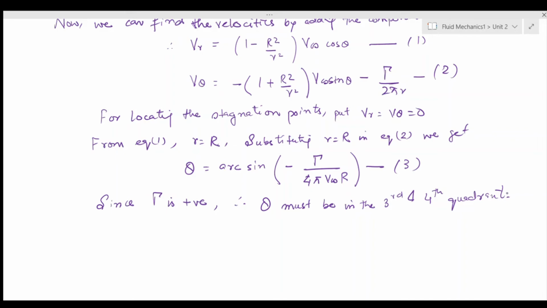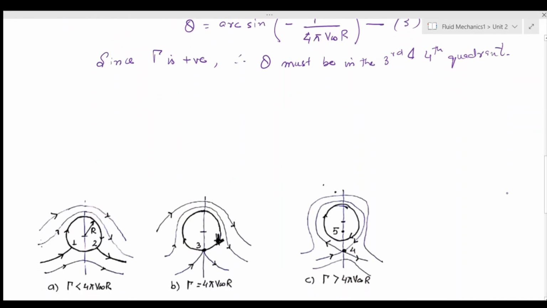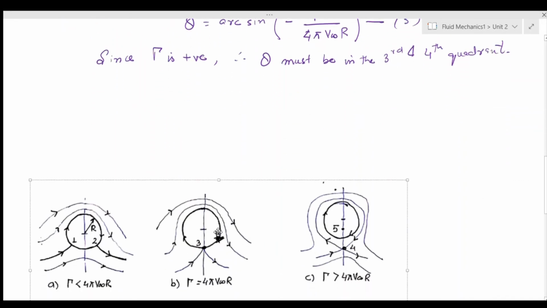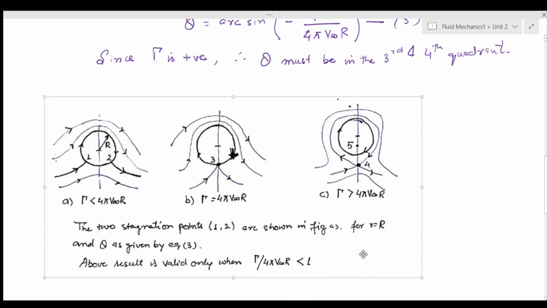The information I have received for the stagnation point is that my stagnation streamline, the circle, would have a radius of capital R. Second, my stagnation points would be located in the third and fourth quadrants, which would be something like this here.